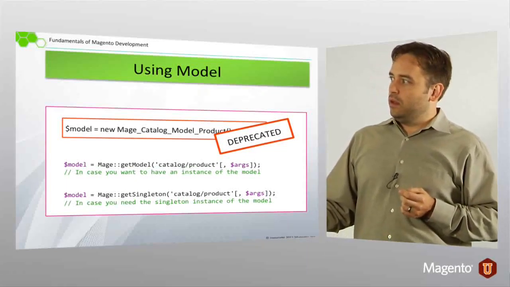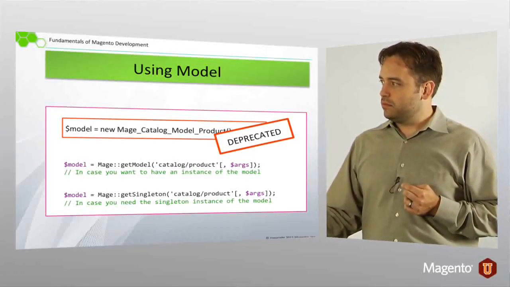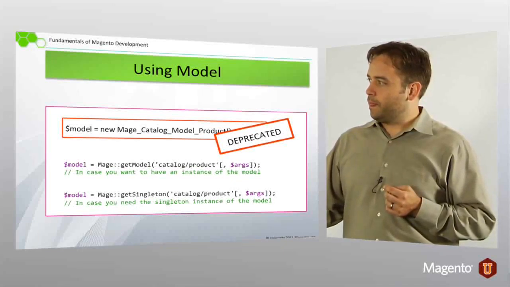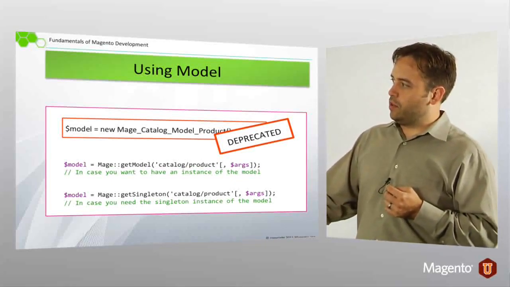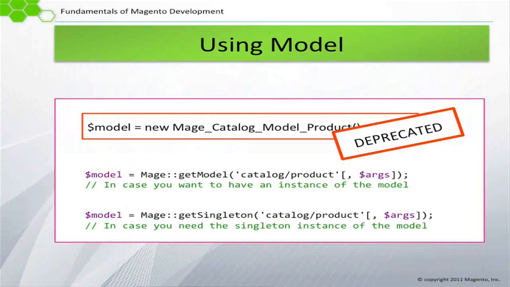So here, get model, Mage catalog model product. Catalog maps here, from which we get the beginning of our class name, and then in this case we'd get product.php. So Mage catalog model product.